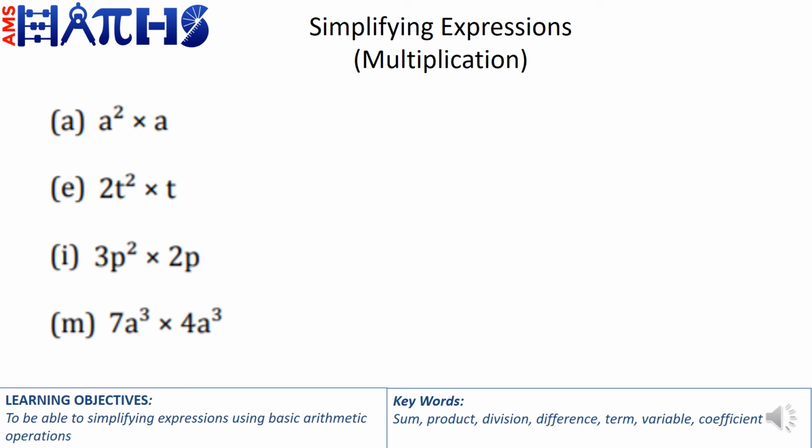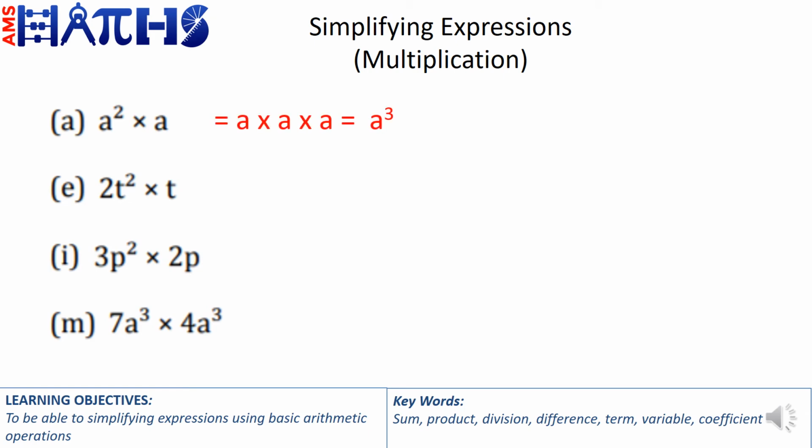On this slide, we are going to continue simplifying expressions by multiplication. So our first example is a squared times a. So now we're including powers. I will break down the powers to simpler terms to help us to build an understanding of how it works.